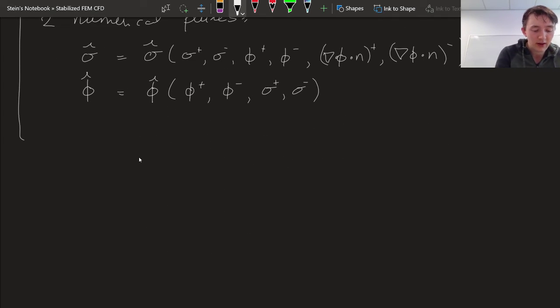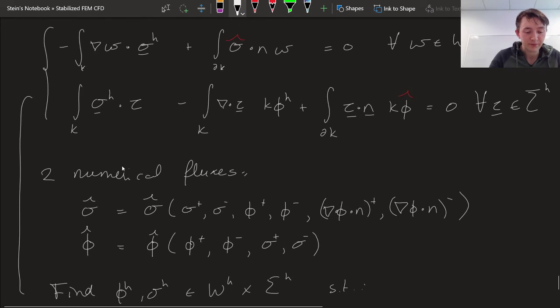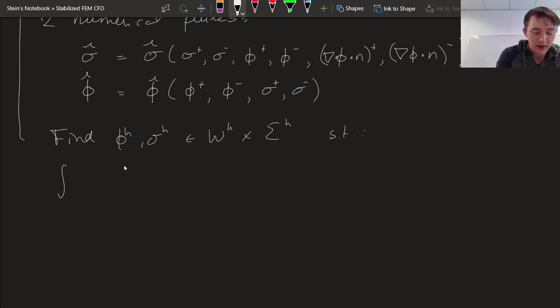So you would then say find, well, again, phi h and sigma h in our spaces wh and sigma h, such that, and I'm going to do integration by parts again backwards, really, in my element interior. So then I get a plus, and I get the divergence of sigma times w.